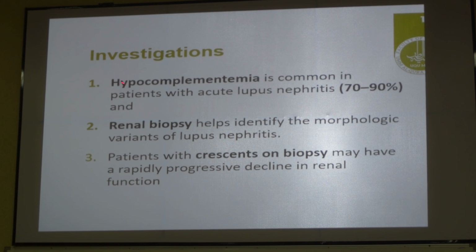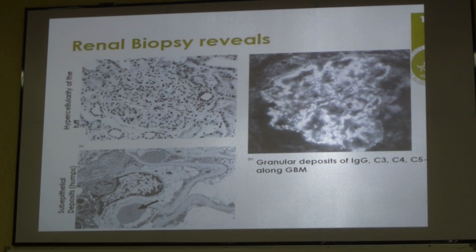Again, hypocomplementemia. What does that mean? C3 and C4 will be reduced. With acute lupus nephritis in 70 to 90%, renal biopsy will have different variants, but one thing is for sure, it will have granular staining and crescents on biopsy. Now we'll see all these features in this figure.